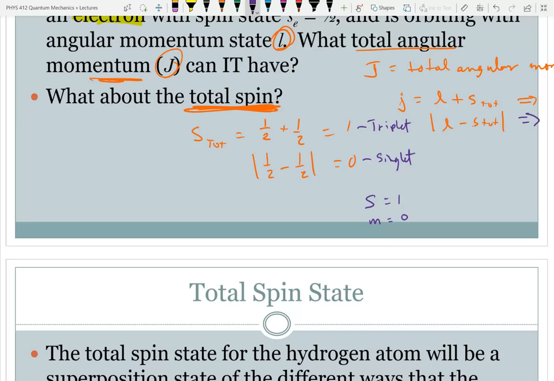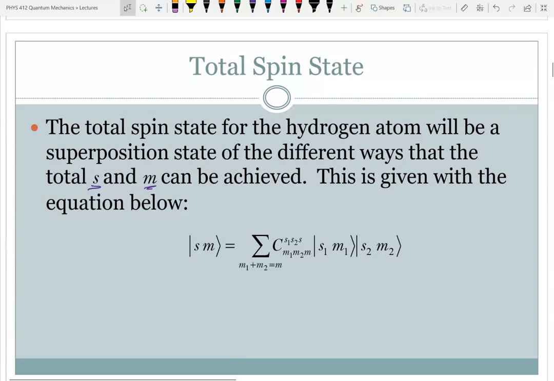We actually already did kind of that problem. We did it with 2 electrons. And the way we do it to make our lives easy is to look at a table that other people have already done all of the work for us. So we have the SM state, the superposition state of all of the different combinations that give us, in this case, our triplet state with M equals 0.